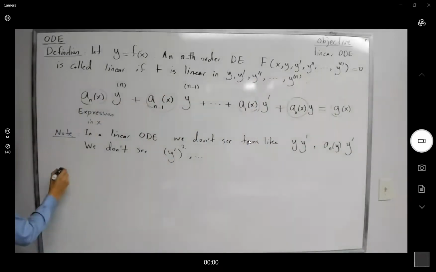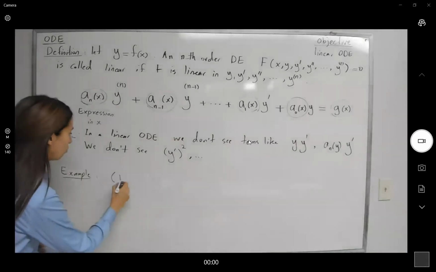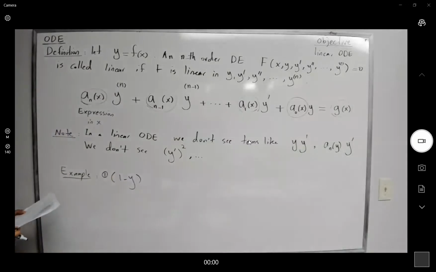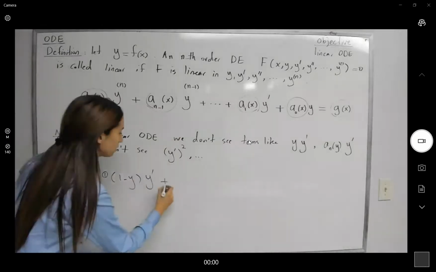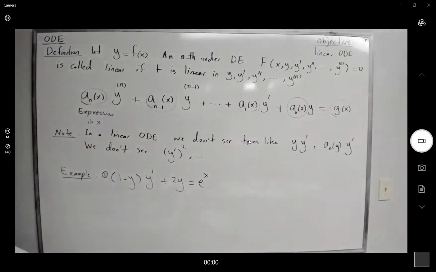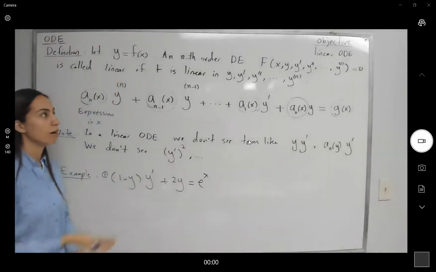Let's go over a quick example for you. In this example, we have 1 minus y times y prime plus 2y equals e to the x. Let us compare this differential equation with a linear differential equation. Does it satisfy the definition?